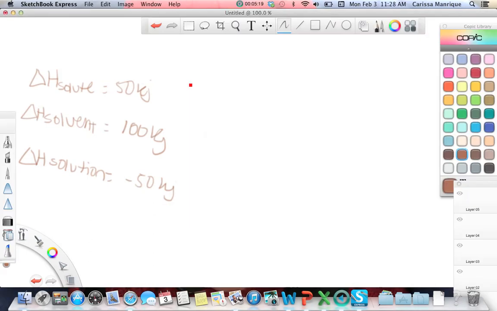So let's put that up here. Delta H of solution equals delta H solute plus delta H solvent plus delta H of the mixture. And we're trying to find delta H mixture.